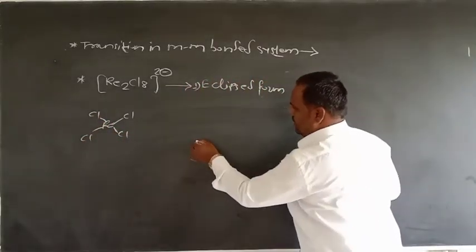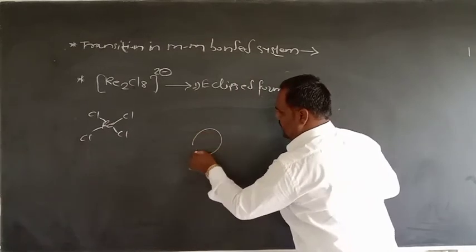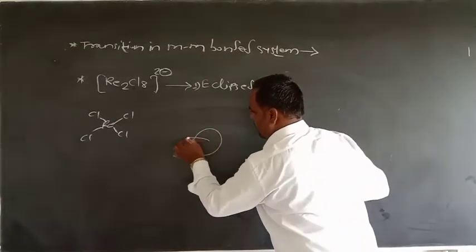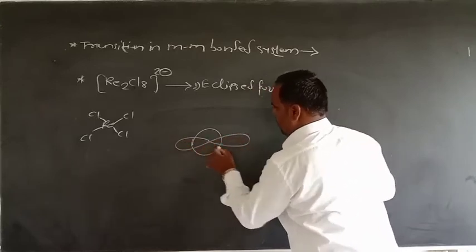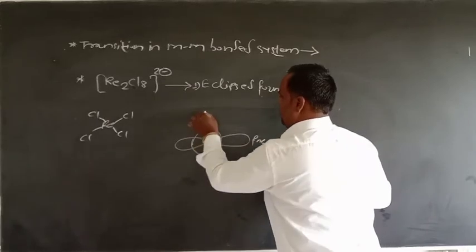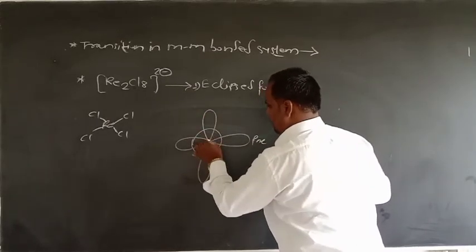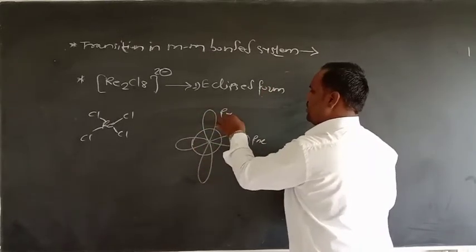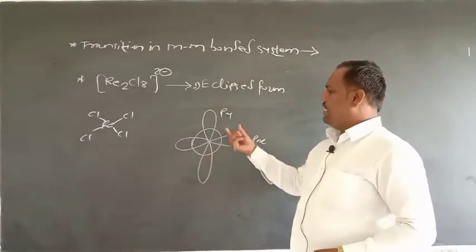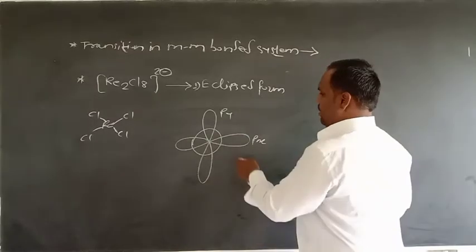We know that the s orbital is spherical in shape. This is your px orbital, and this is your py orbital. So one s orbital which is spherical in shape, px and py which are dumbbell in shape along the axis.